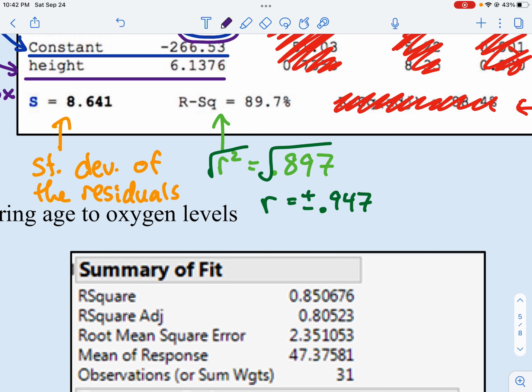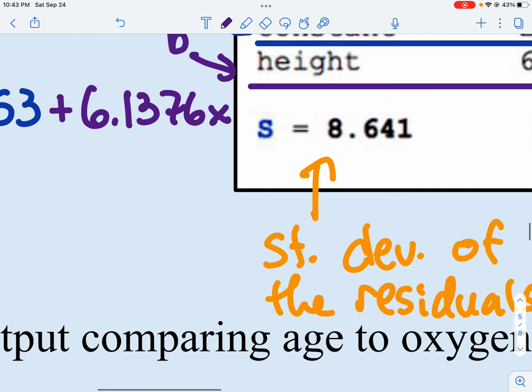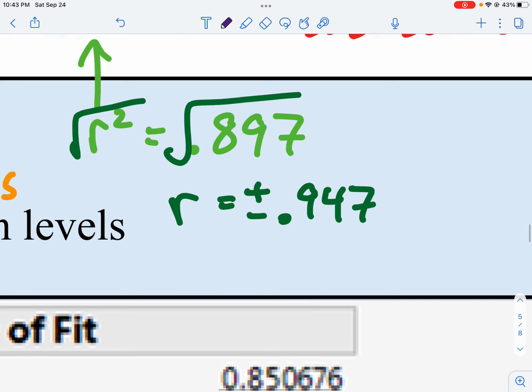In this particular case, if I look at the slope of my line, I have a positive slope. My line of best fit is increasing as x goes up. That means my correlation has to be positive. Therefore, this is going to be positive 0.947.